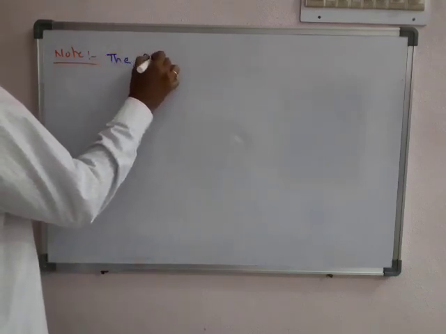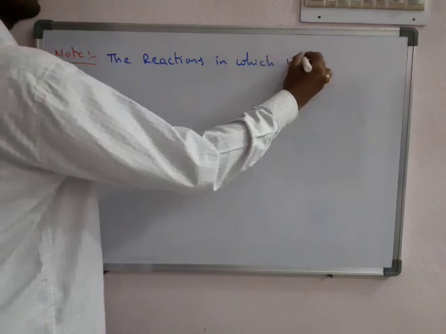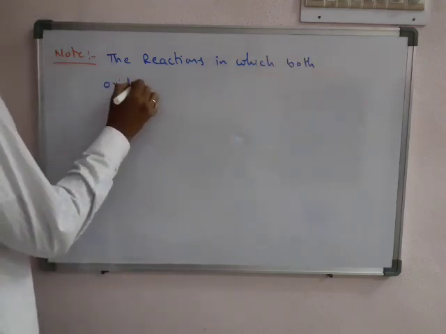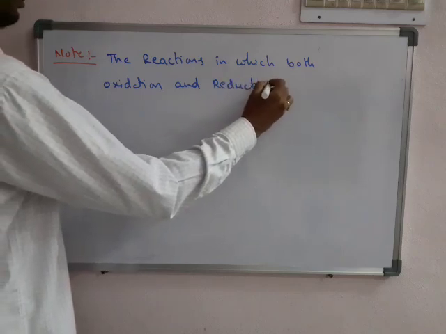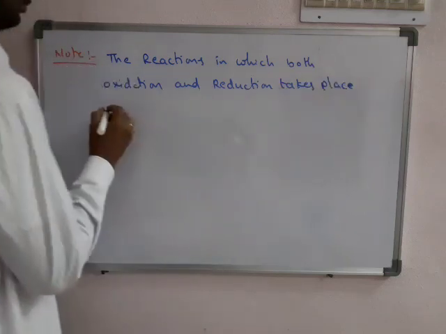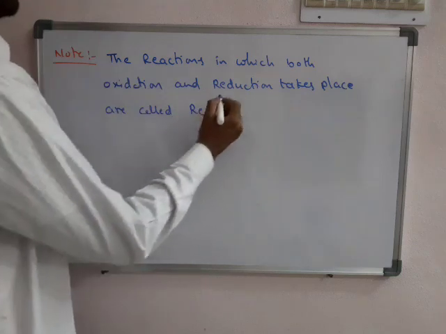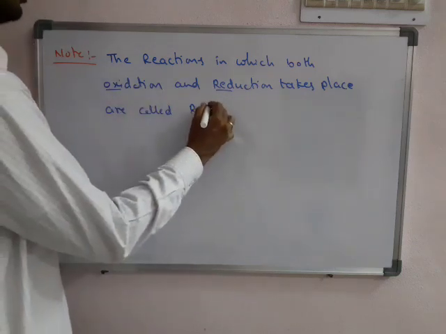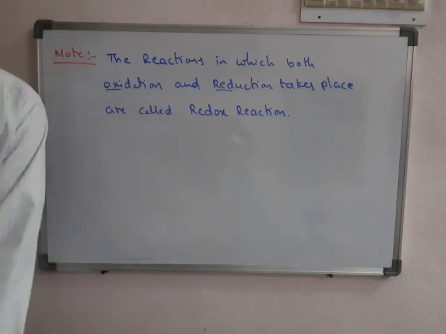Let's write it as a note. The reactions in which both oxidation and reduction take place are called reduction-oxidation reactions. Combining the words, red-ox, they are known as redox reactions.